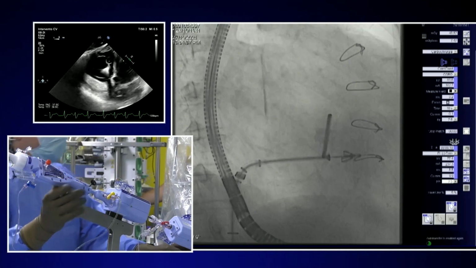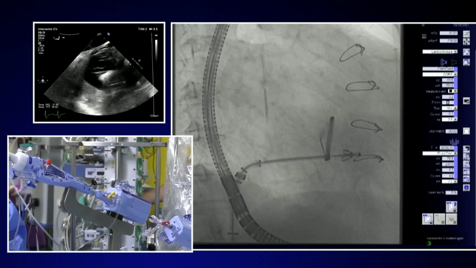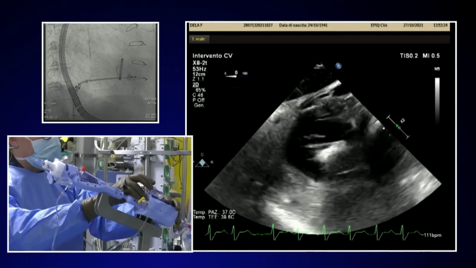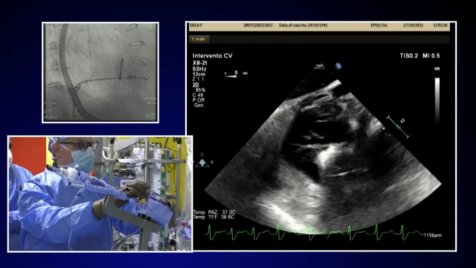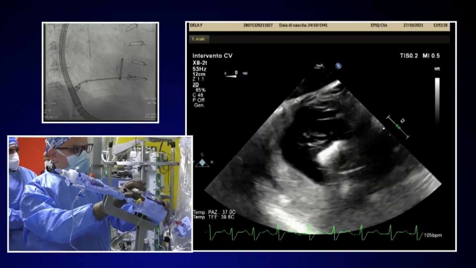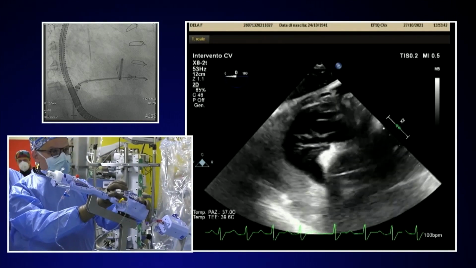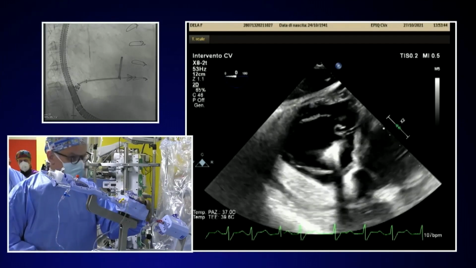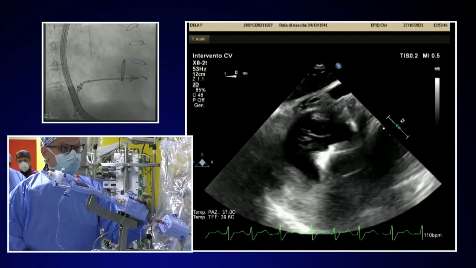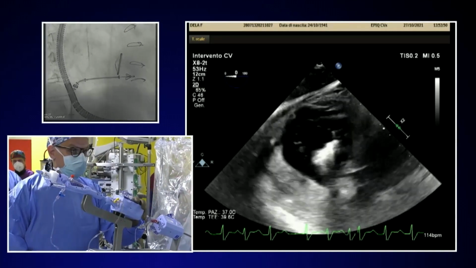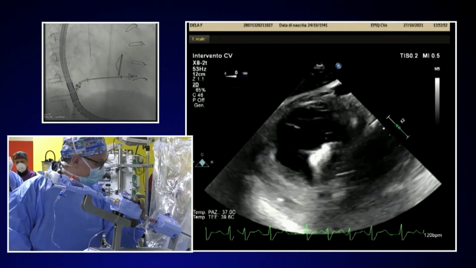Okay, that is the angulation that I would like to have, if you agree, guys. We are nicely central. We are very close to this edge of the anterior leaflet. And with this angulation that we like to fix, I will also fix our X-ray.